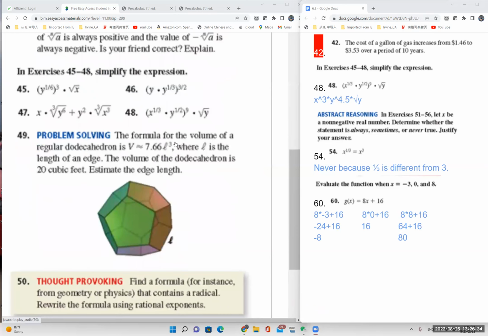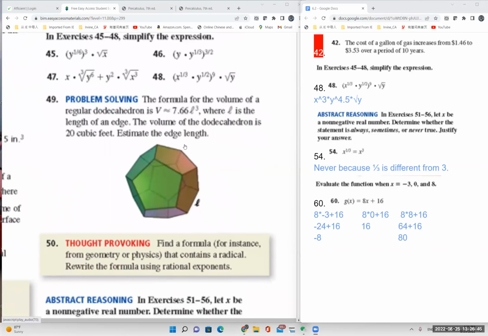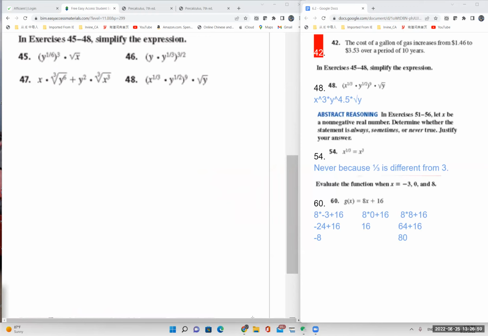Simplify the expression. Talk about this. You should use several formulas.